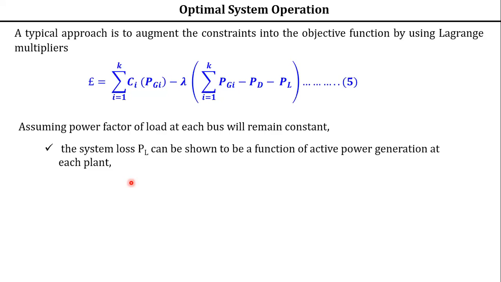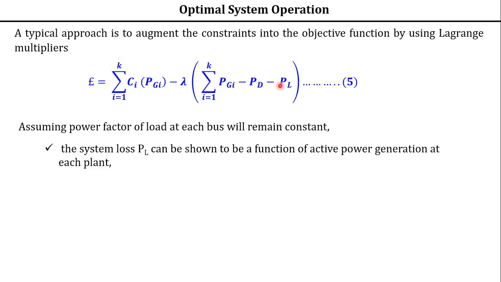Is it clear? Assuming the power factor of the load at each bus is constant, this system loss PL is represented as a function of active power generation PG at each plant.